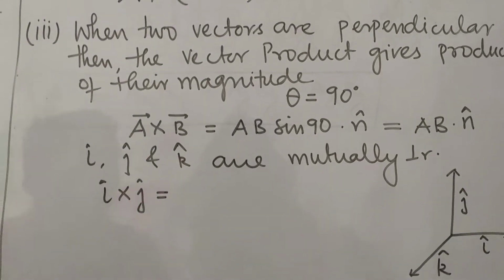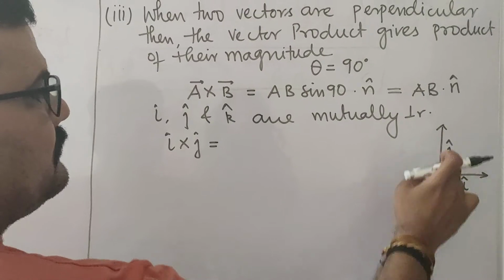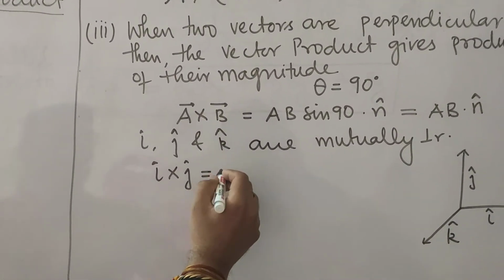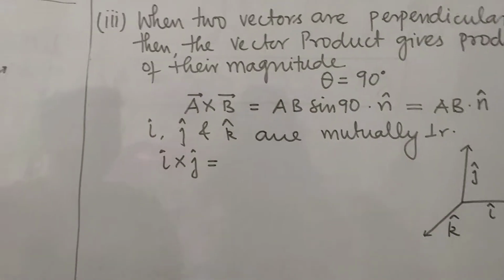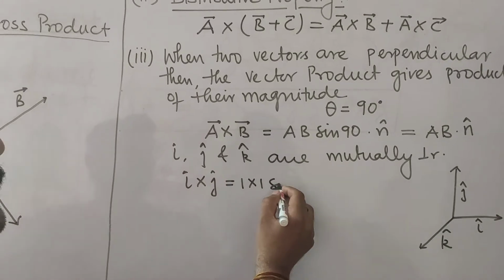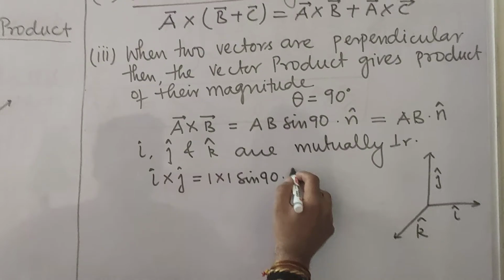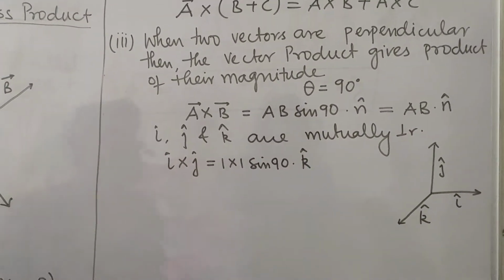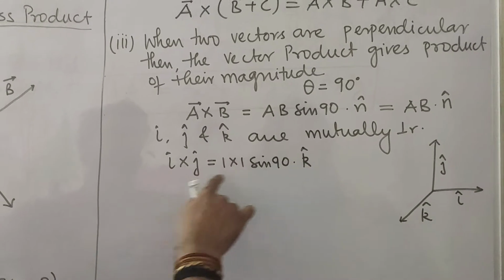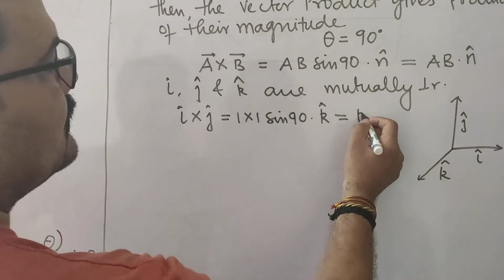I, j, k are mutually perpendicular, so k is perpendicular to i cross j. So the result will be the magnitudes of i and j, that is 1 into 1, sin 90, and perpendicular to both these is k cap. Here n cap is a unit vector, and k cap is also a unit vector. So the result is 1 into 1, sin 90 is 1. So this is k cap.